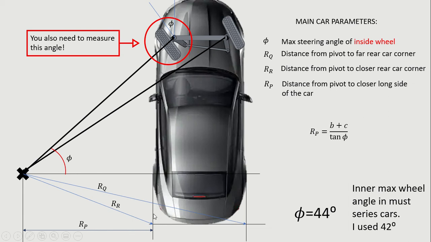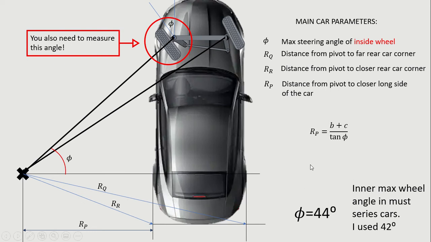I need the distance of the side of the car and this angle. I know the angle phi is about 44 degrees in many cars, but I made the measurement on my own car and I got 42 degrees, and I did the same with other cars from my friends, and I found it's about 42 to 43 degrees.